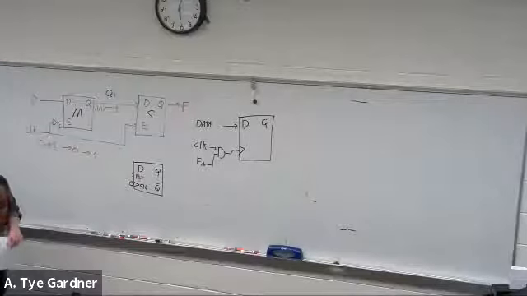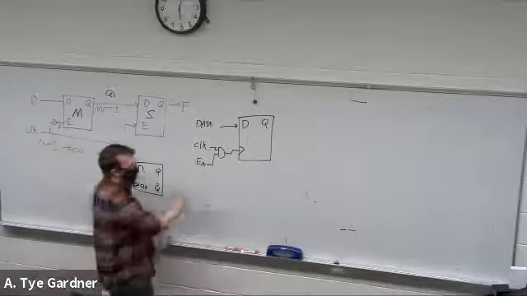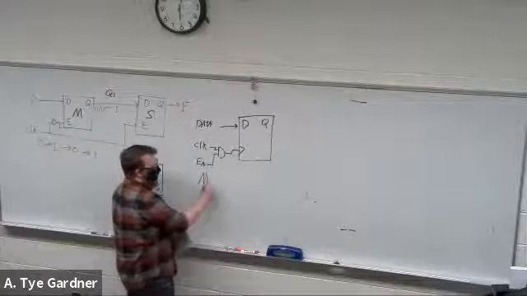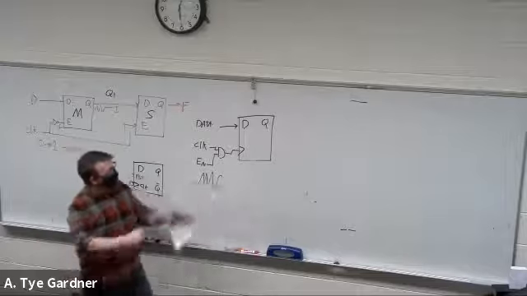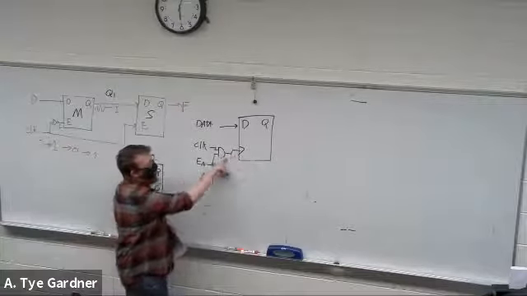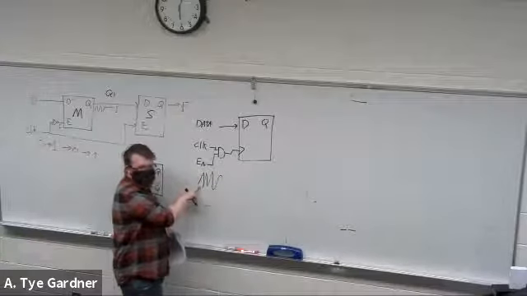Well, what happens if enable is a bad signal and it wiggles a bunch? It looks like a clock. This input doesn't know if it's getting the clock from clock or enable. So it can actually dual clock.